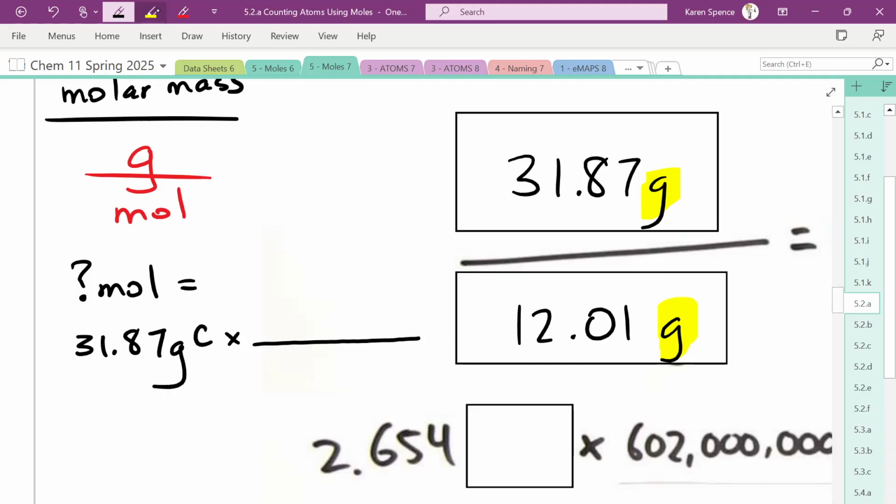And doing it the unit conversion way, we end up with grams of carbon. We need to put grams of carbon on the bottom to cancel out. And we want to find moles, so moles of carbon have to be on the top. Do we know a conversion factor that relates grams and moles?